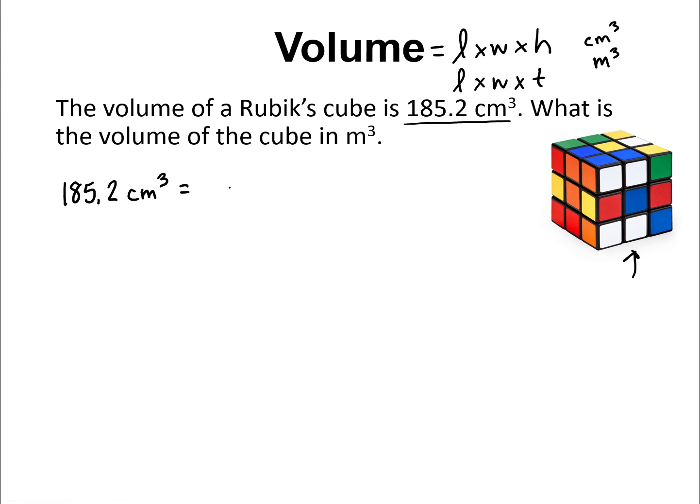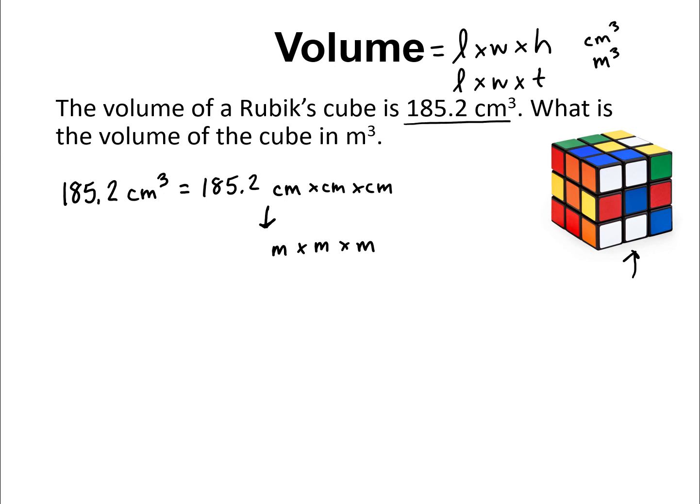When we say centimeters cubed, that's like saying centimeters times centimeters times centimeters. And we want to change that to something that's meters times meters times meters. So whatever unit factor we use to convert from centimeters to meters, we actually have to multiply by it 3 times.